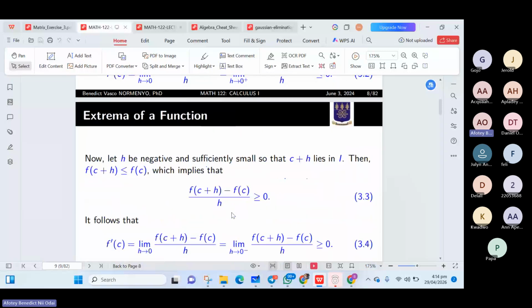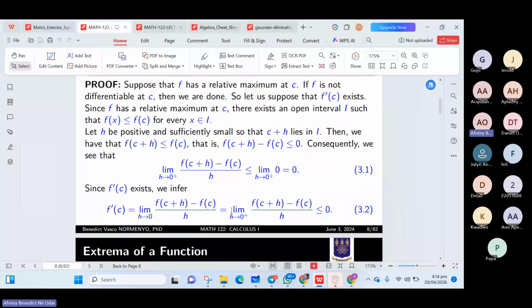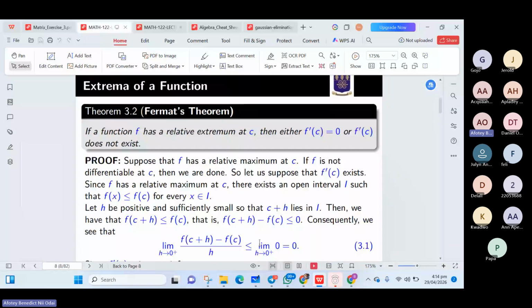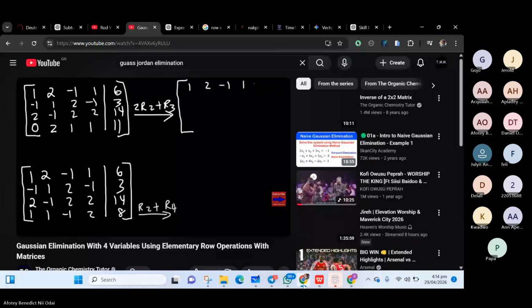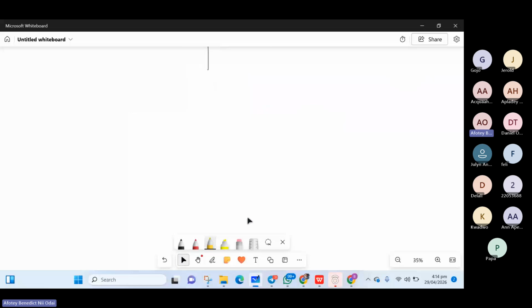I don't want to use an example because the example is down there, but let me use this example. If you throw a ball in the air, let's represent this graphically.